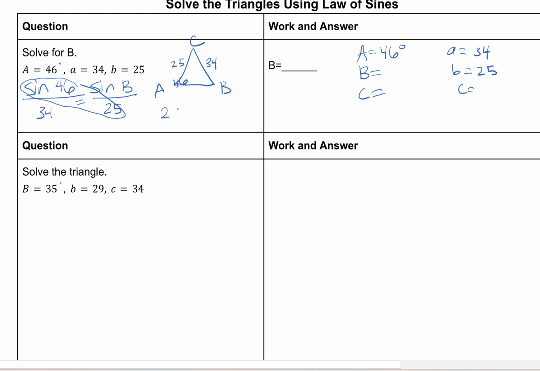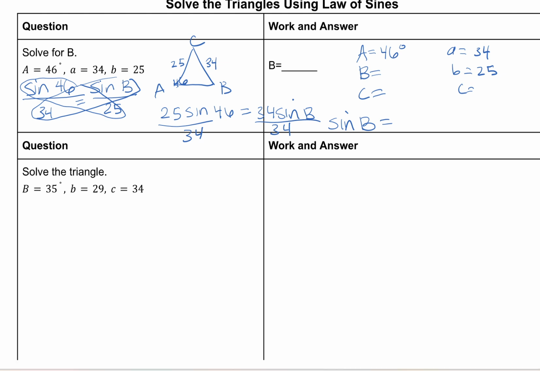So we get 25 times the sine of 46 equals 34 times the sine of B. Now I want to get the sine of B by itself, so I'm going to divide by 34.